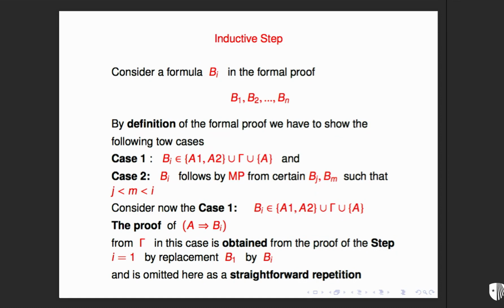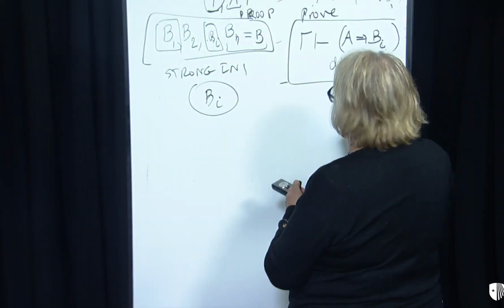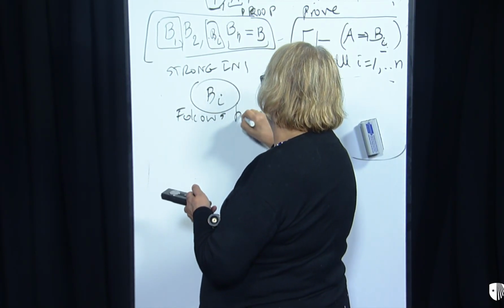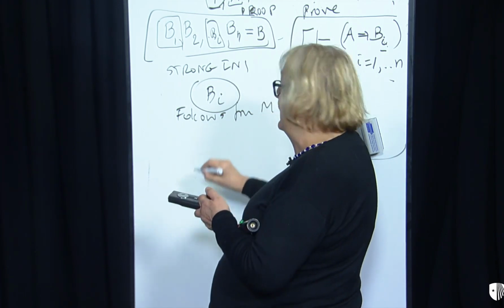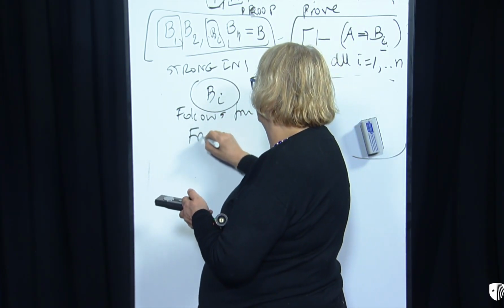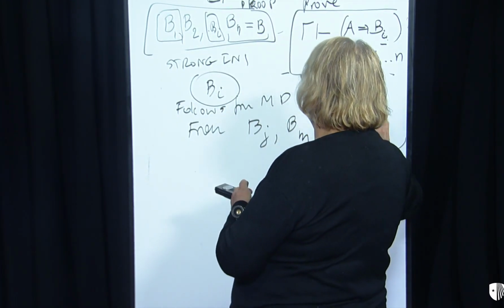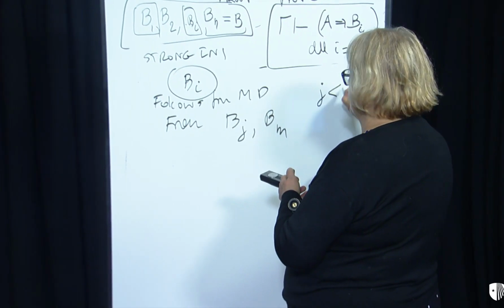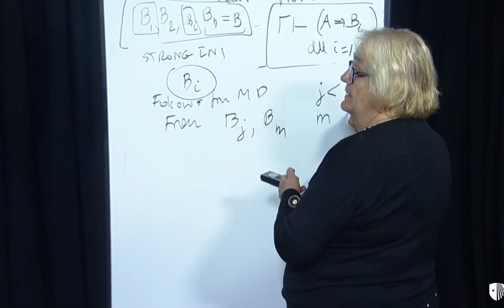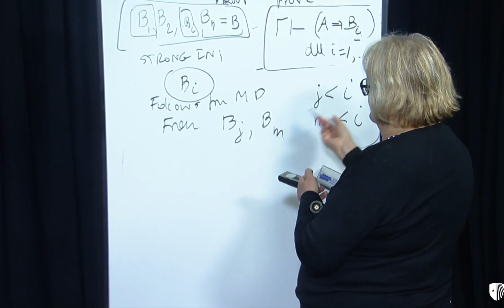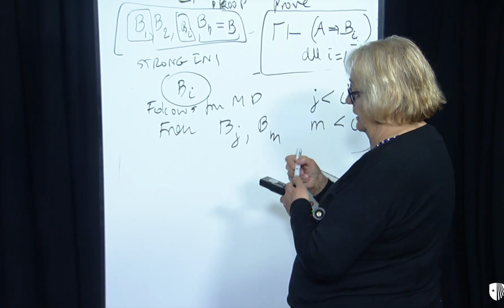So what does it mean that Bi, which I want to prove, follows from modus ponens from some Bj and Bm, where j is less than i and m is less than i, and by mathematical induction they both are already proved.